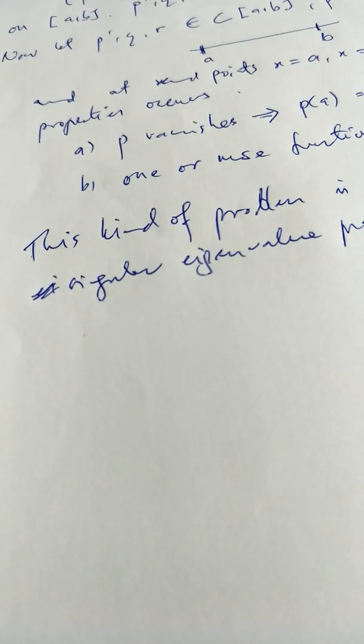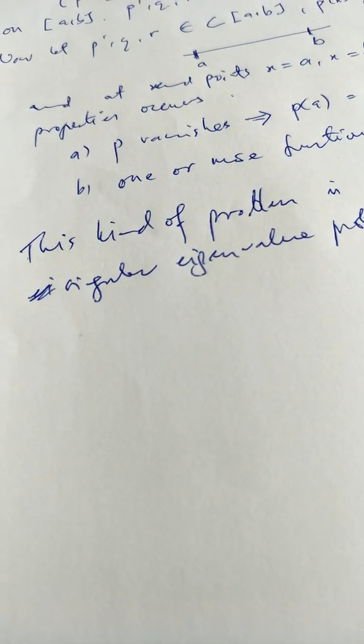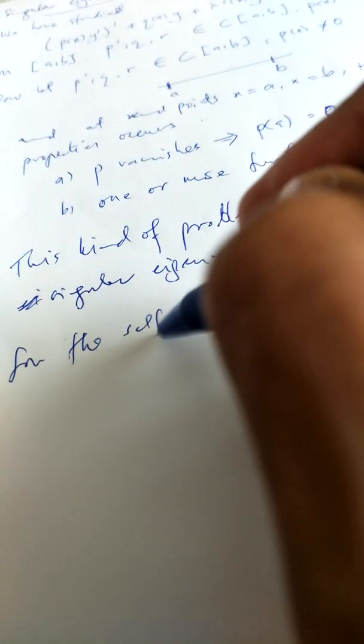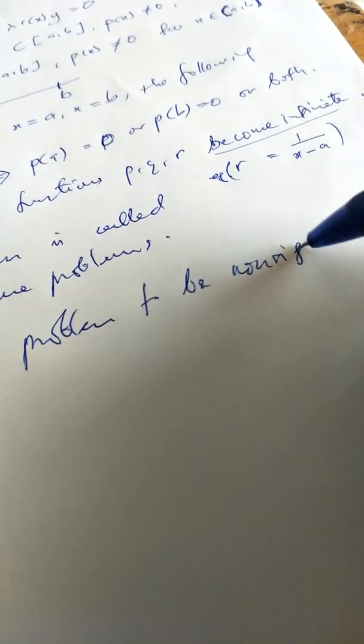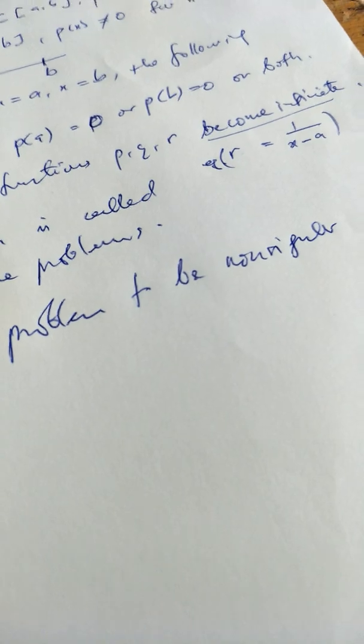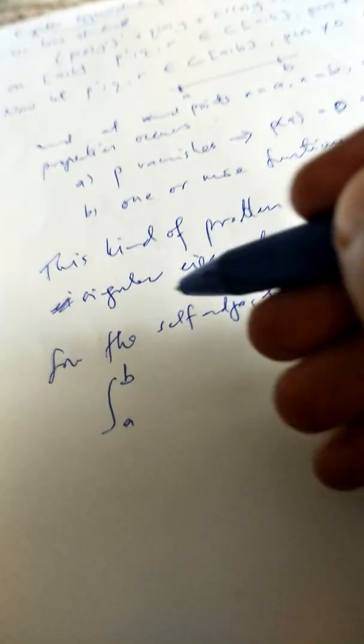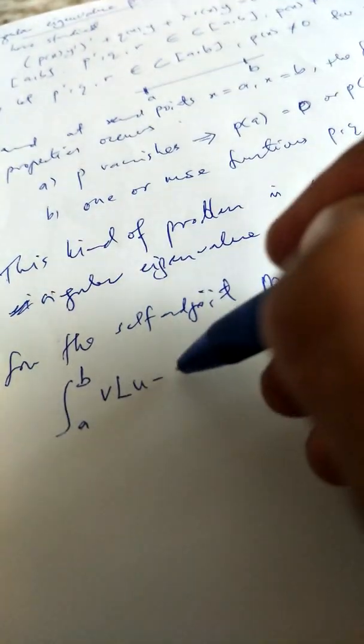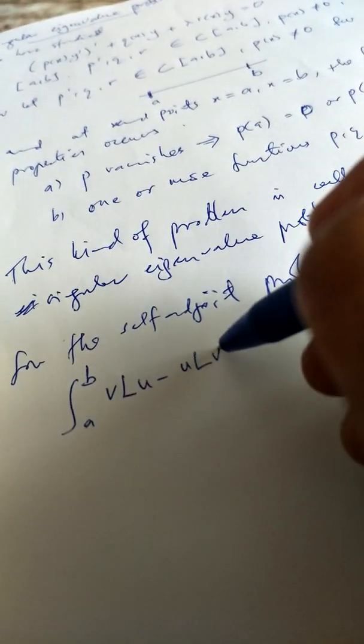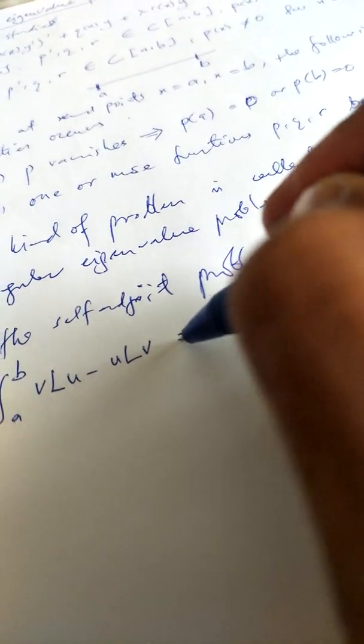Okay, and for the self-adjoint problem to be non-singular, or we can also say regular, on the interval AB, this relationship must be satisfied: the integral from A to B of (v L u minus u L v) is equal to 0.